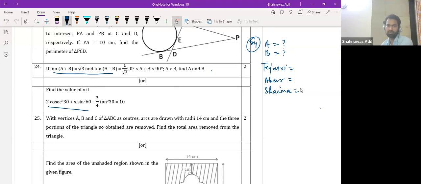Sir, A is 45, B is 15. Oh, already calculated. So A is 45, B is 15. Same, sir.